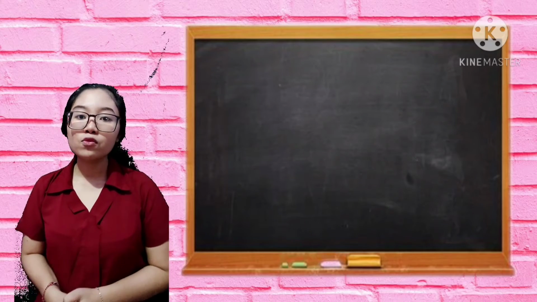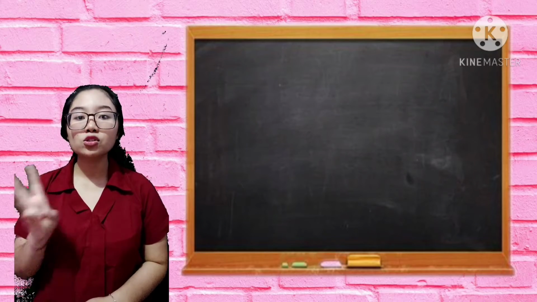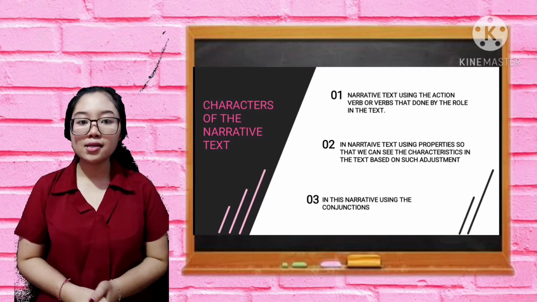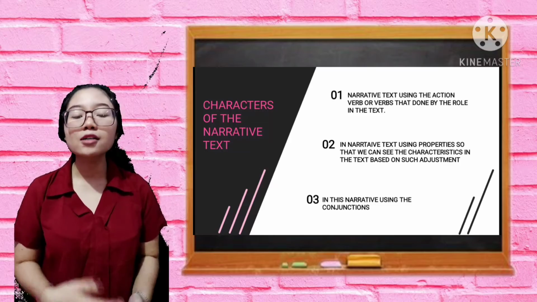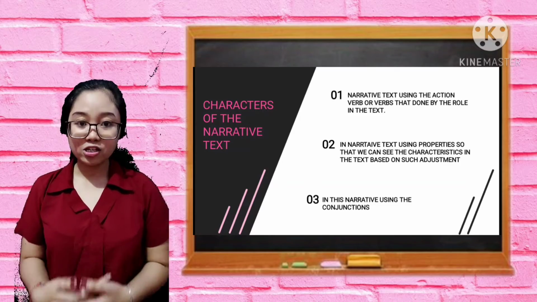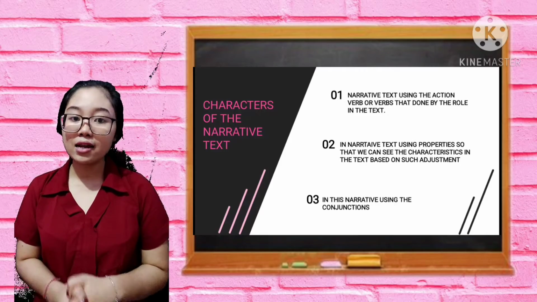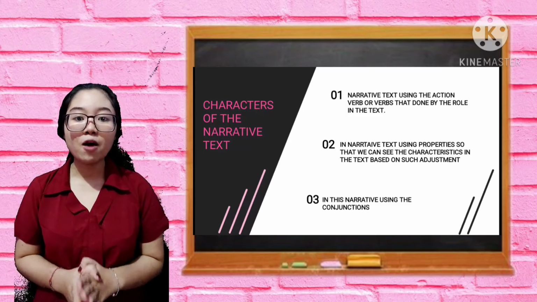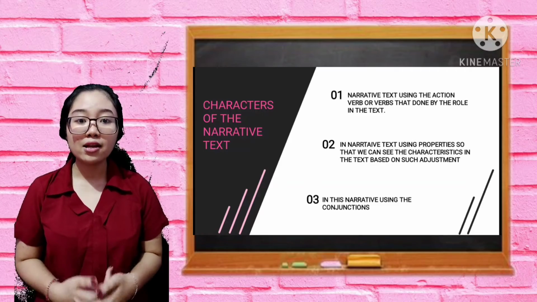Now we move to explain the characteristics of the narrative text. There are three characteristics in the narrative text. The first one is that the narrative text uses action verbs done by the roles in the text, like human, animal, and etc. For example, running, fighting, and etc. The second is that a narrative text uses adjectives, so we can see the characteristics in the text.